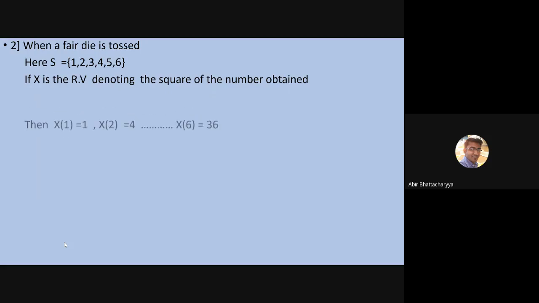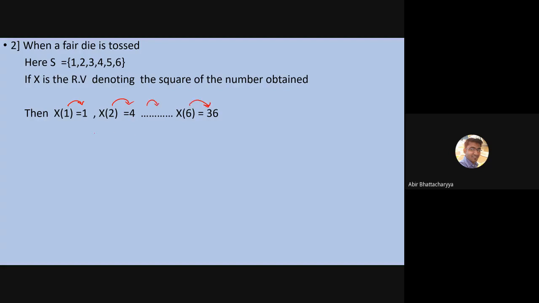Okay, like X of 1 equals 1, X of 2 equals 4, because I told you this is a random variable which is actually the square of the number. So for each and every number, there are 6 numbers. 1 squared is 1, 2 squared is 4, 3 squared is 9, 6 squared is 36, like that.